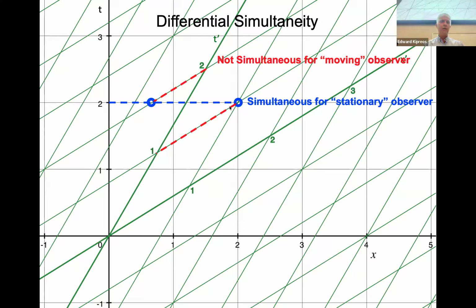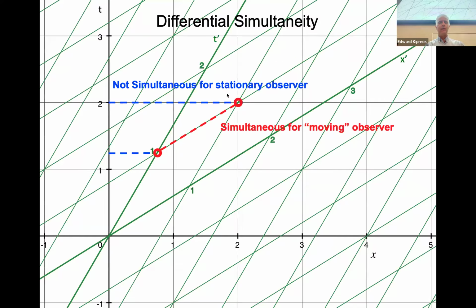So this event occurred at time 1, and then this event occurred at time 2 on the t prime axis. So things are not simultaneous. And then here, both of these events occurred at time 1 on the moving frame, but they're not simultaneous for the stationary observer. This not being simultaneous is why we're referring to this as differential simultaneity. Things are not simultaneous in special relativity.